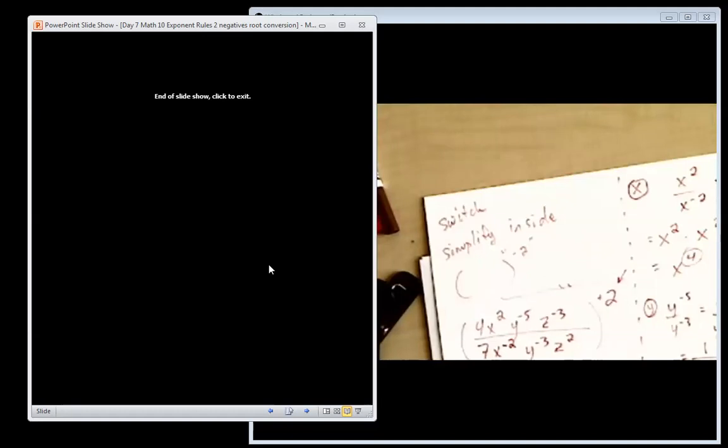Multiplying exponents, some dividing, some negative exponents in there. Good quality activities. Okay, right here. Any questions before you get started? You want to do another one of these? Another one? Sure, I'll make one up.